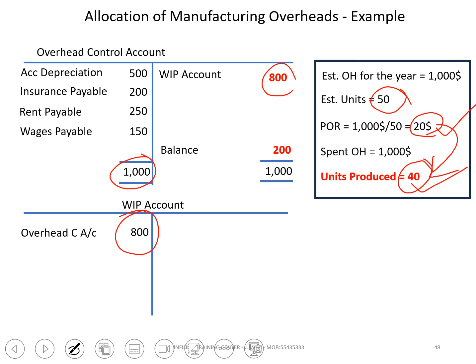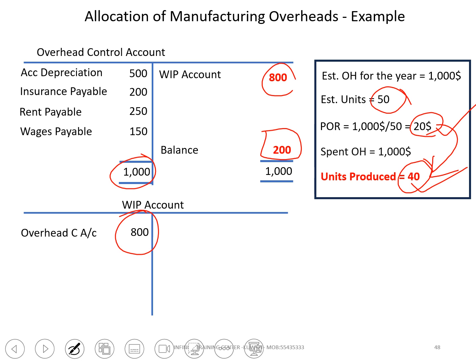And now you can see you have again a balance of 200 here. You have a debit balance of 200. That means you again under applied, or we can say all the cost has not gone to the work in process account. So your overhead is being under applied.